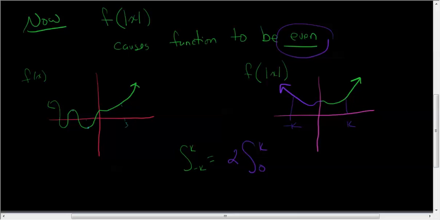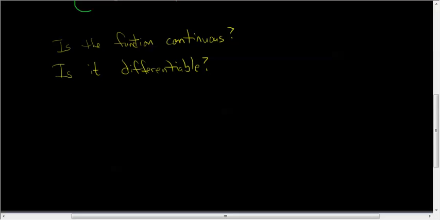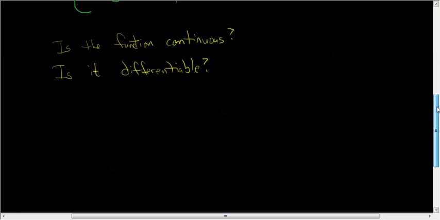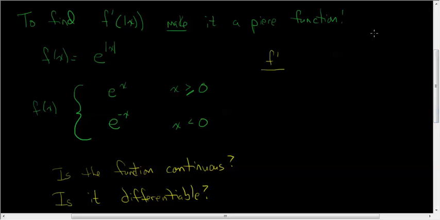So let's look at an example. We work these by making them piece functions. To find f prime of the absolute value of x, make it a piece function.